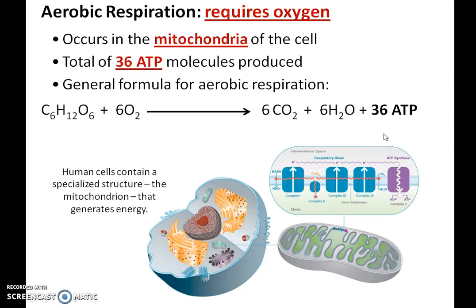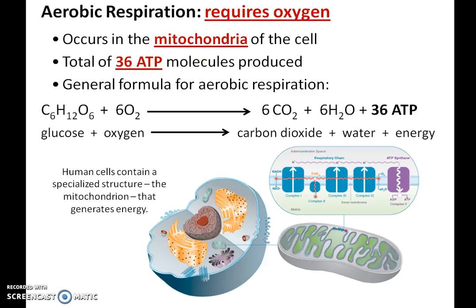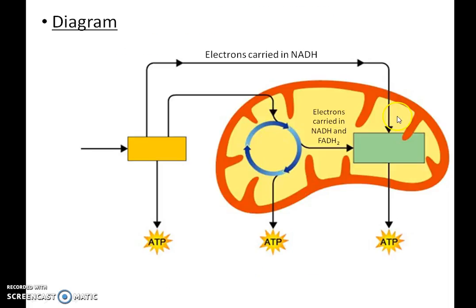So remember, I told you to memorize the formula for photosynthesis. If you remember that, all you have to do is a simple flip for respiration. Glucose plus oxygen yields carbon dioxide plus water plus energy. And a simple diagram again.